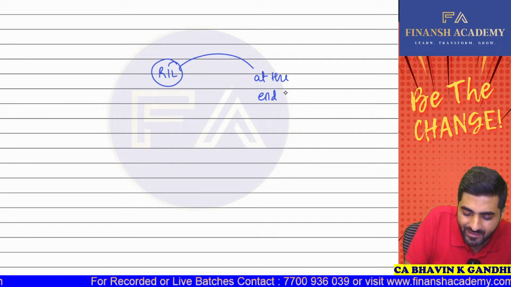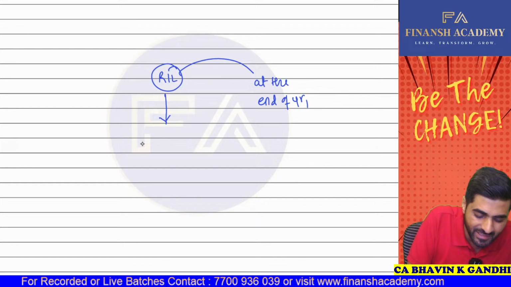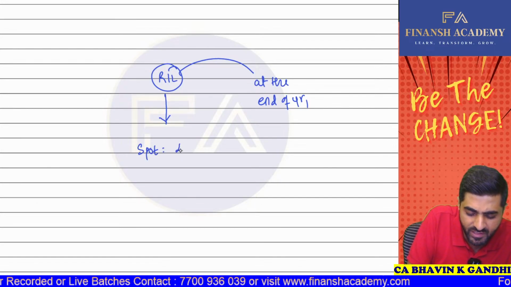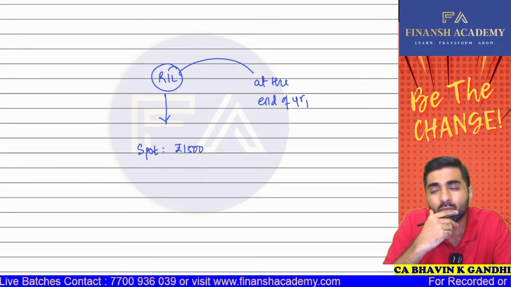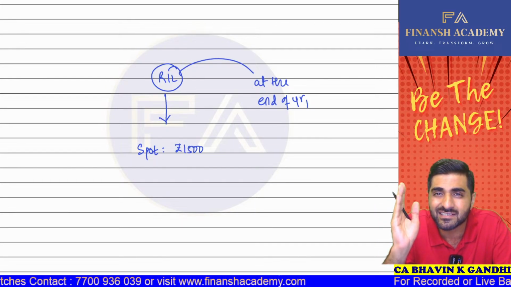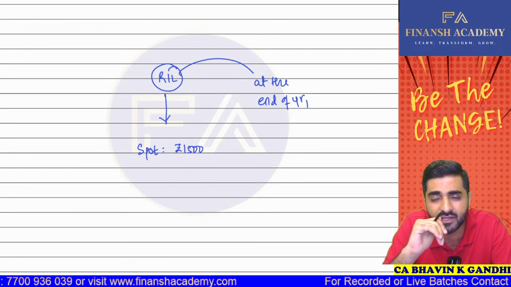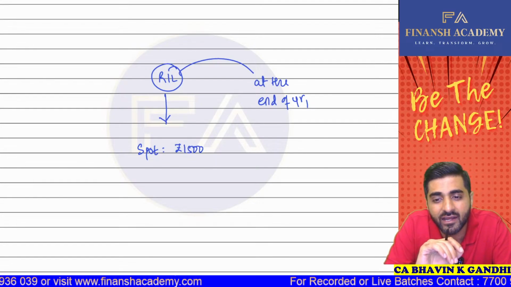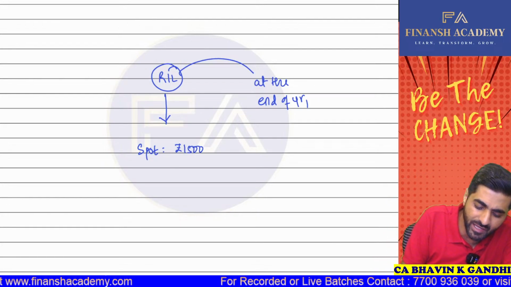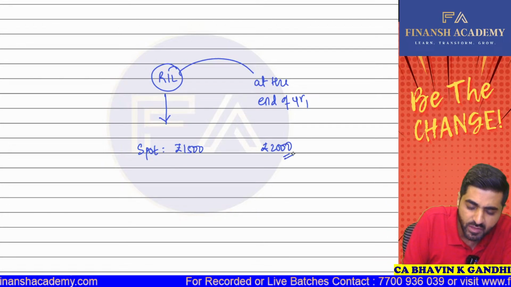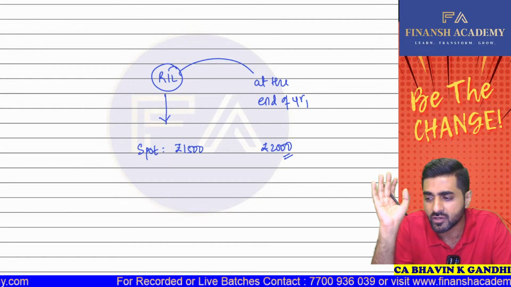So I want to buy RIL at the end of year one. And right now, the current market price, which is the spot price, is, let's say, rupees 1500. So now, my dear students, I am of the opinion that the existing market price per share is rupees 1500, and I think that at the end of year one, the share price of Reliance Industries Limited is going to be, for example, rupees 2000. So I am going to have a very bullish view about this particular stock.